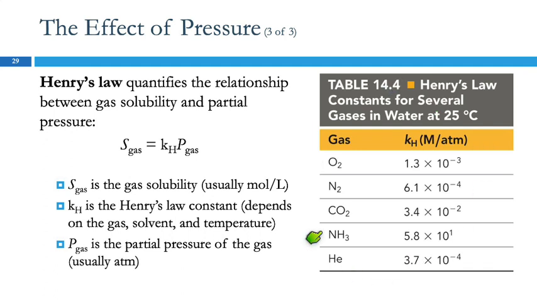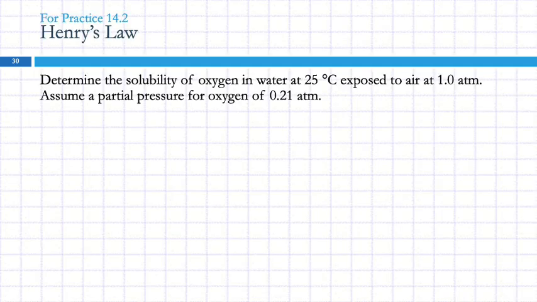So this is a table showing Henry's law constants for several different gases. This would be in water at 25 degrees Celsius. Let's just make a note of this one, because next slide we're going to do a problem. So 1.3 times 10^-3 molarity per atmosphere is the Henry's law constant for oxygen in water. So this is asking us to determine the solubility.